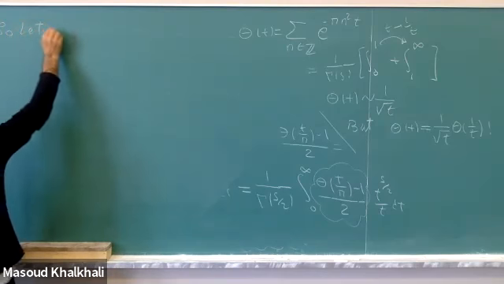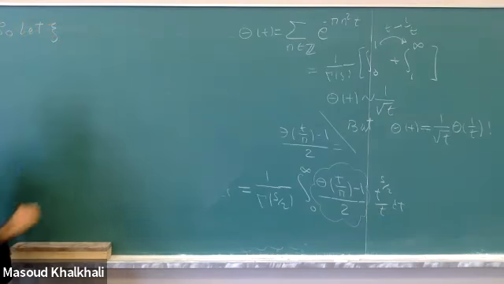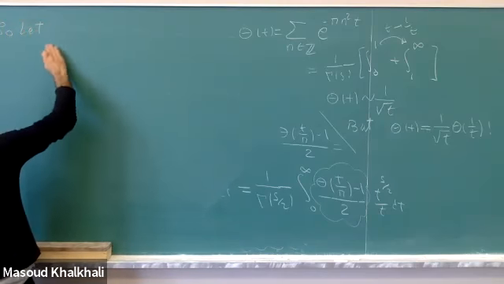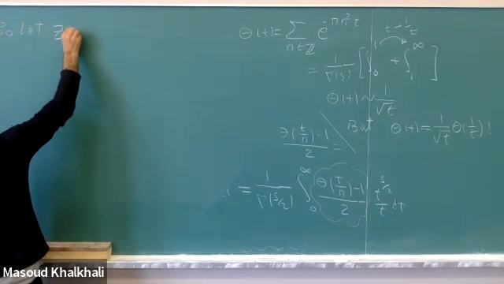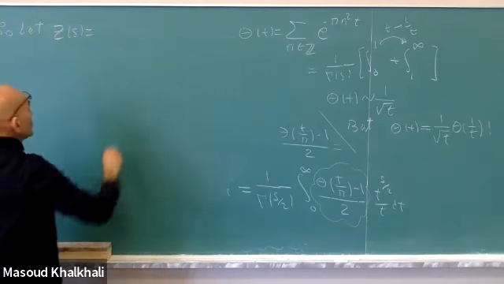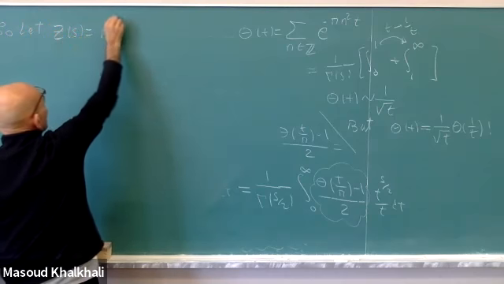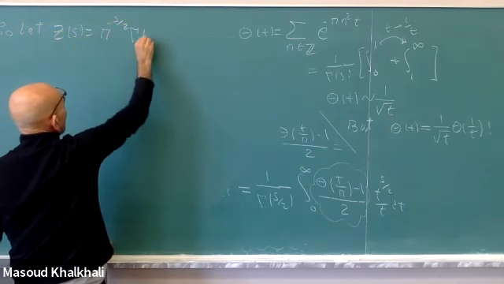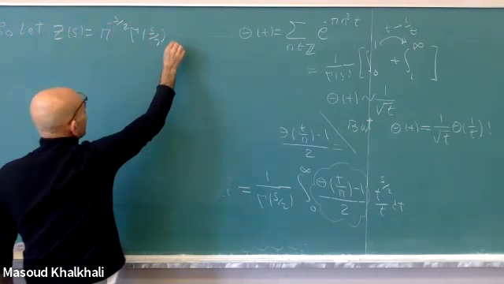So in two or three lines, you can derive the following result of Riemann. Let me call it Z(s), equal to pi to the power minus s over 2, gamma of s over 2, zeta of s.